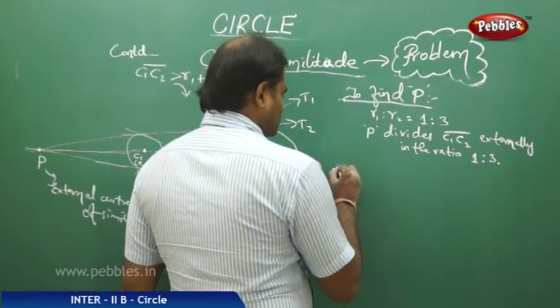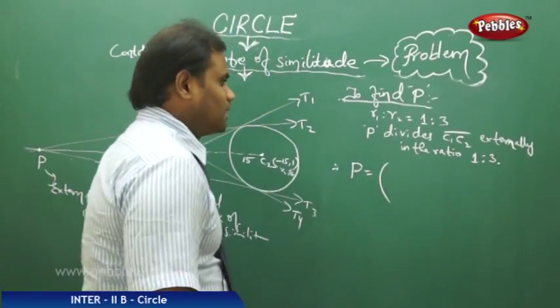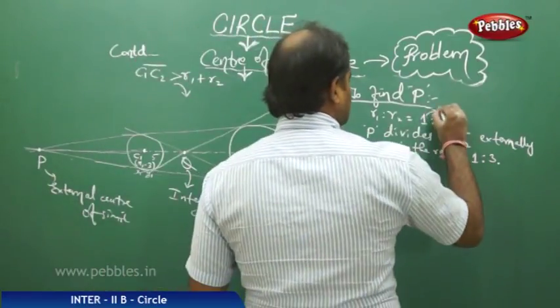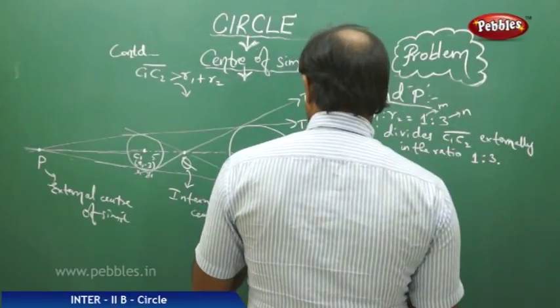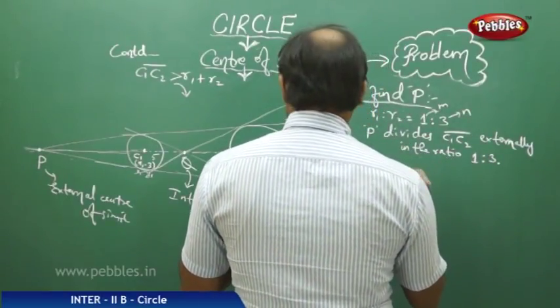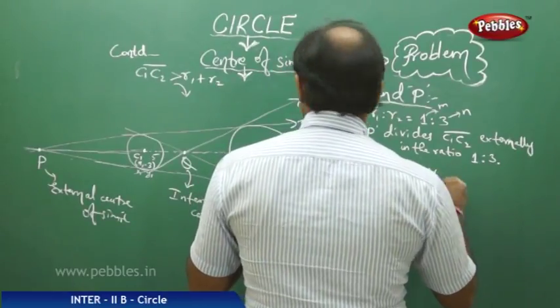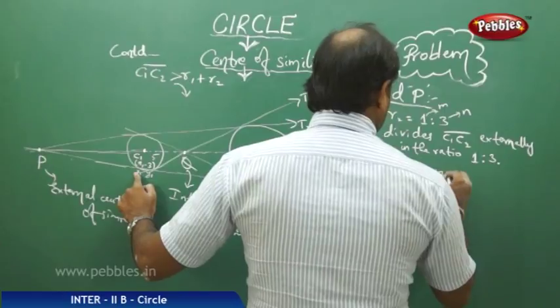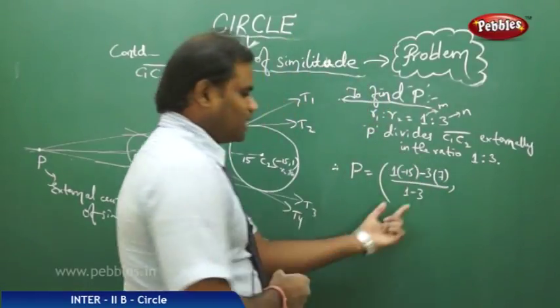Therefore, in order to find P, it is mx2, that is 1 times of minus 15, minus nx1, which is this, by m minus n.